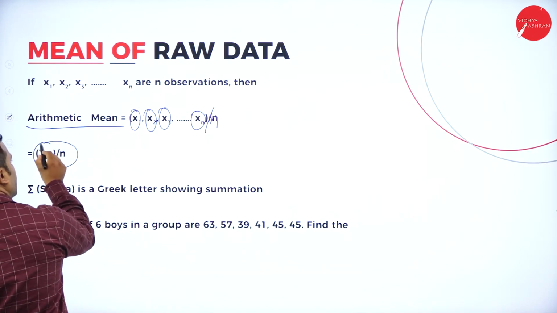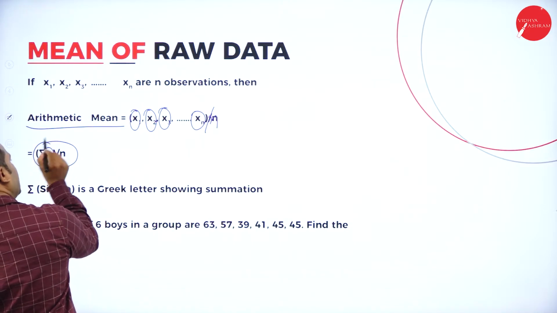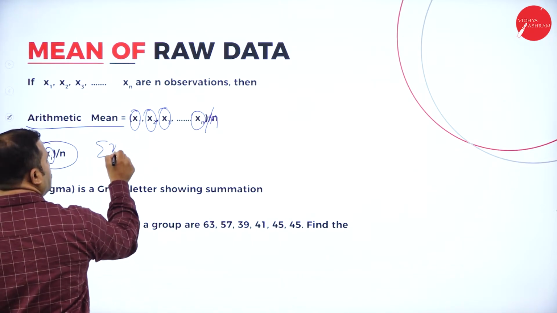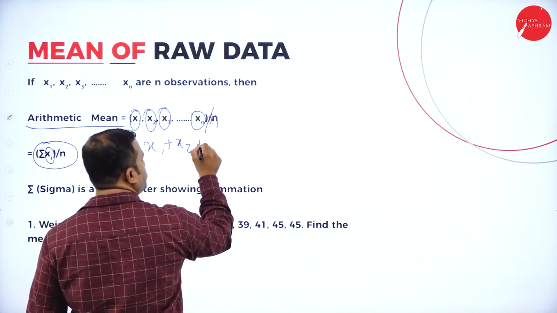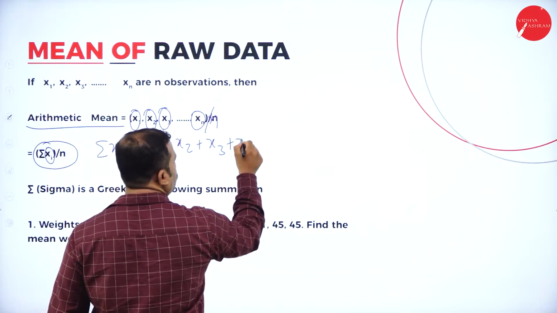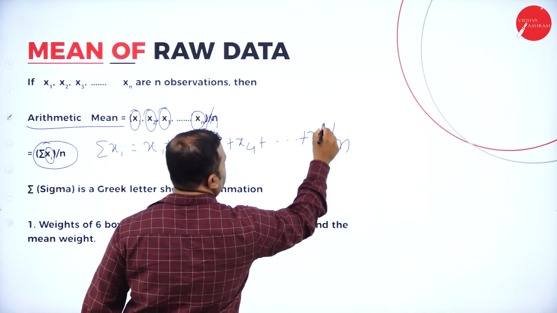I can mathematically represent it as the summation of xi divided by n, where the summation indicates that the sum of xi can also be represented as x1 plus x2 plus x3 plus x4 and so on up to plus xn, which must be divided by n.